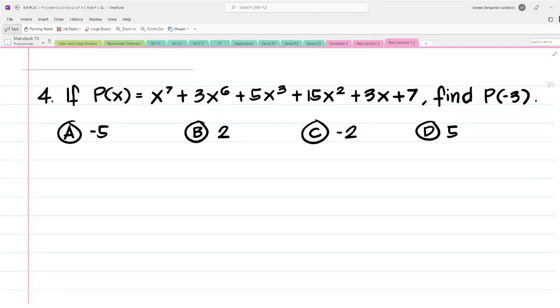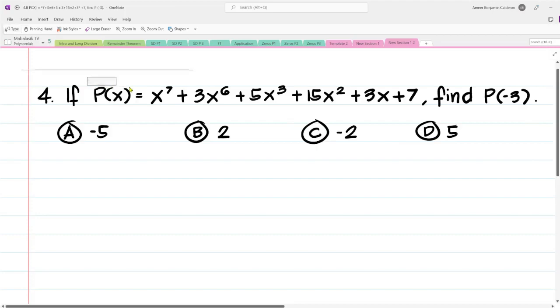If P of x is equal to x to the 7th plus 3x to the 6th plus 5x cubed plus 15x squared plus 3x plus 7, find P of negative 3. So just like in our third problem, we take P of x.